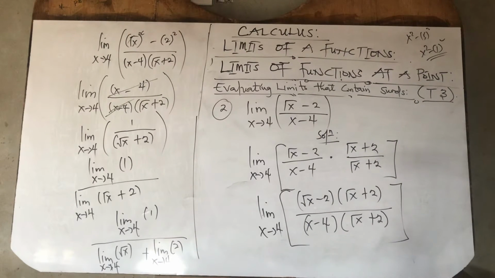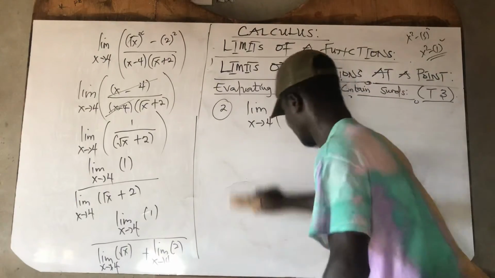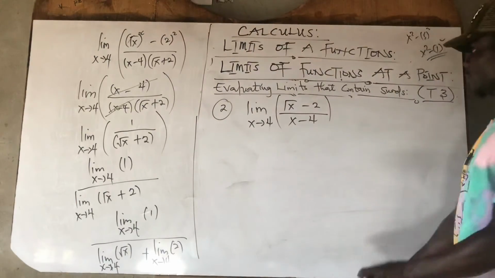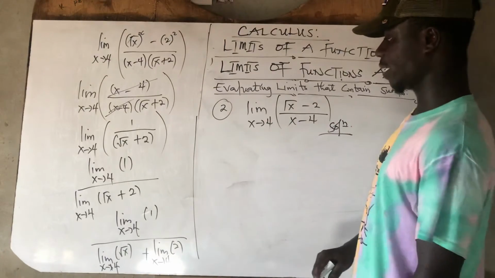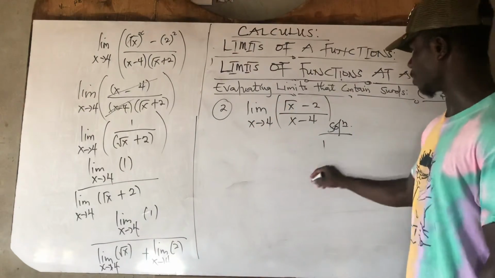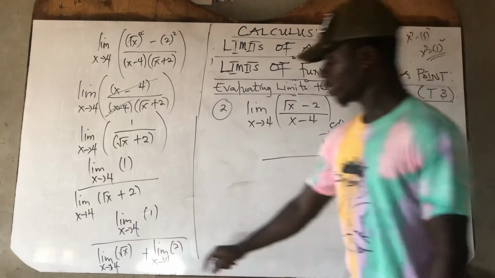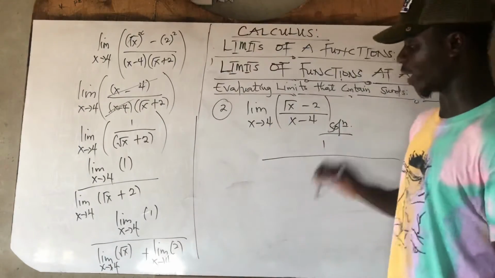Very, very simple. So, let me clean this place. So, we can proceed again and say that the limit of a constant as x approaches 4 is what? 1. All on the limit as x approaches 4, this square root of x, we just plug in.